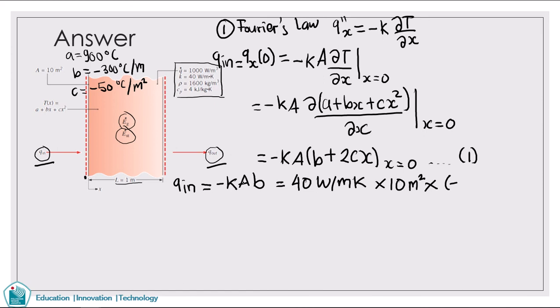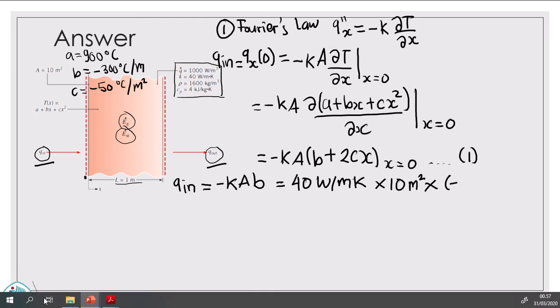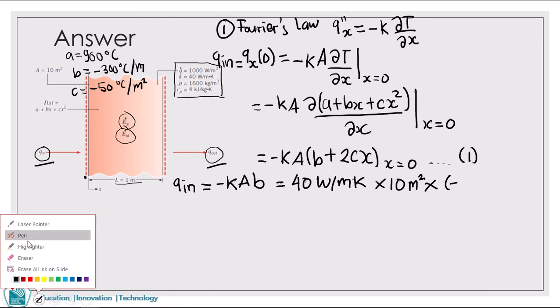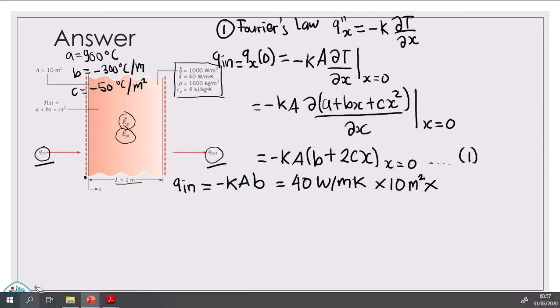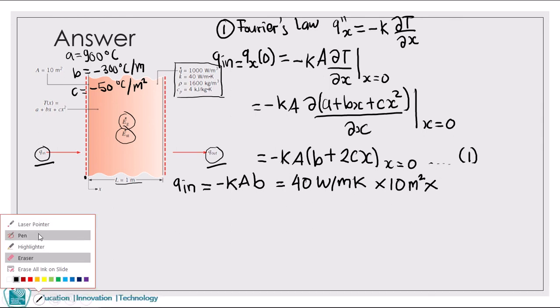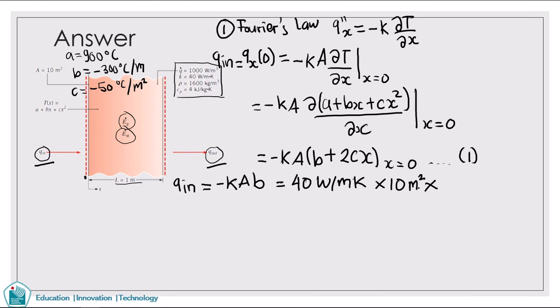Since this is minus, it becomes positive. So all is positive, so we will have, finally, multiplied by 300 degree C.